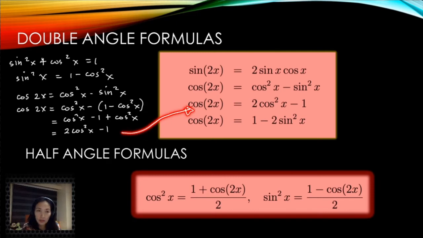So you don't have to memorize this. If you know this, you can derive the two other identities for cosine 2x.